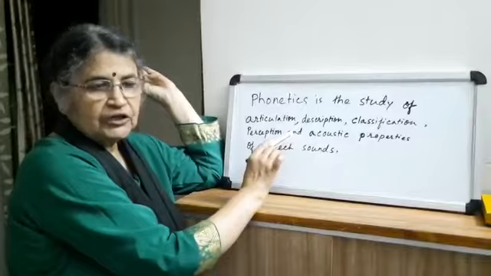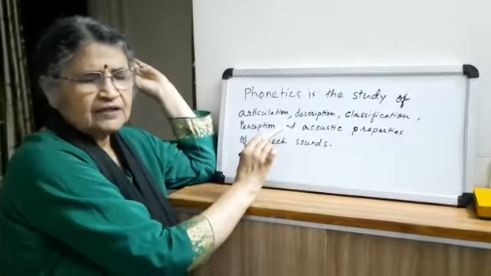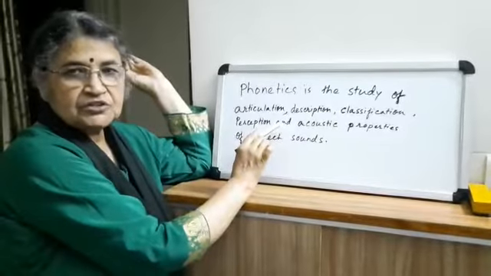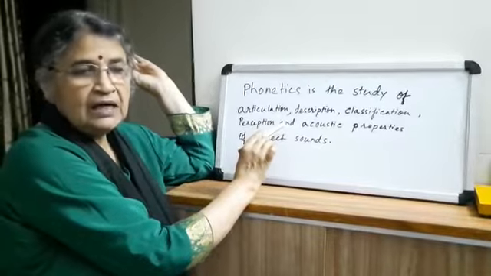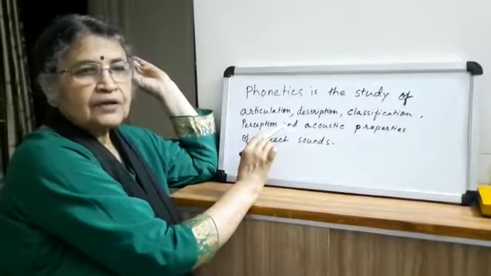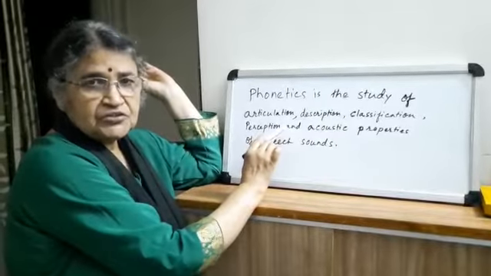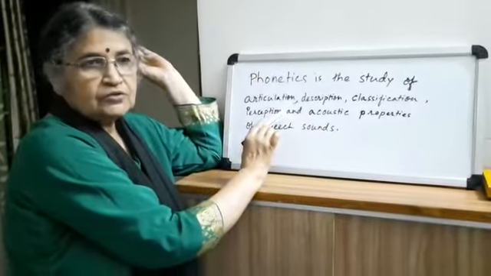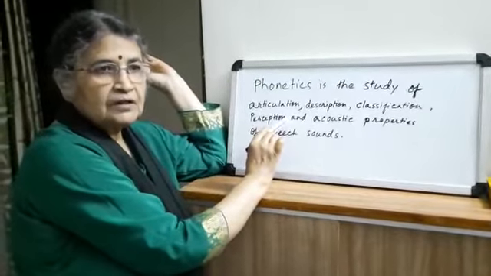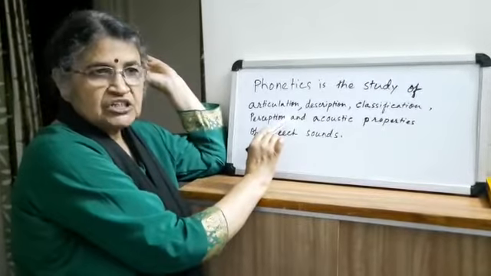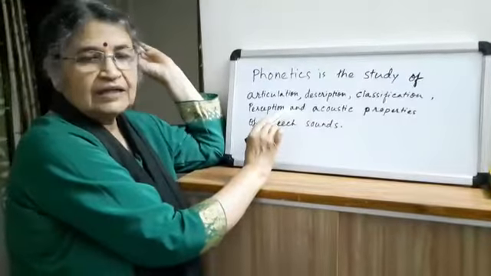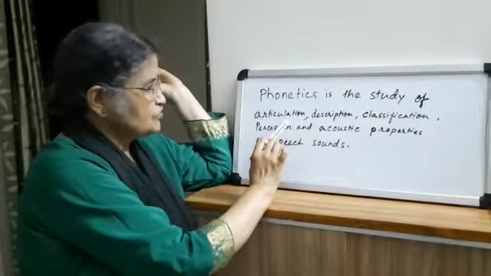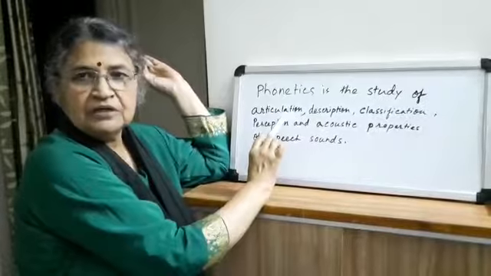The larynx and the vocal cords, located on top of the windpipe, constitute the phonatory system. And finally the mouth, the articulatory system, where actual articulation happens. So the mouth means the tongue, the teeth, the palate, the lips, etc. These are the three systems involved in the articulation of speech sounds.